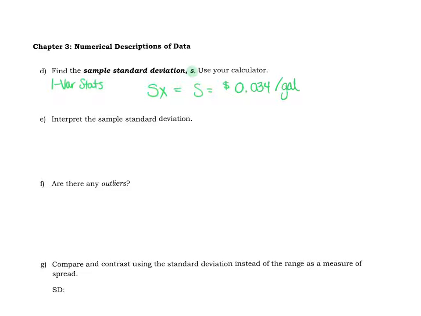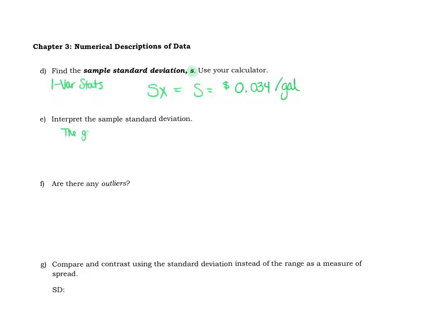And do notice there is a difference. If you look at the value of sigma and the value of s, even though they're both standard deviation, there is a difference between them. So it is important that you choose the correct one based on whether your data is about a sample or about a population. So interpret the sample standard deviation. We can do this very much the same way.